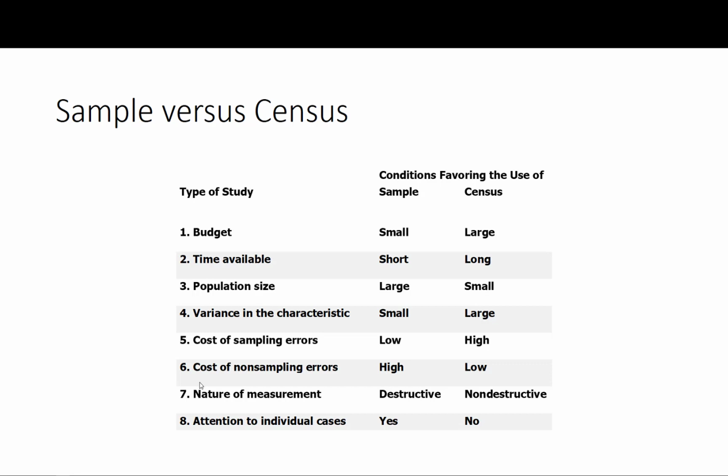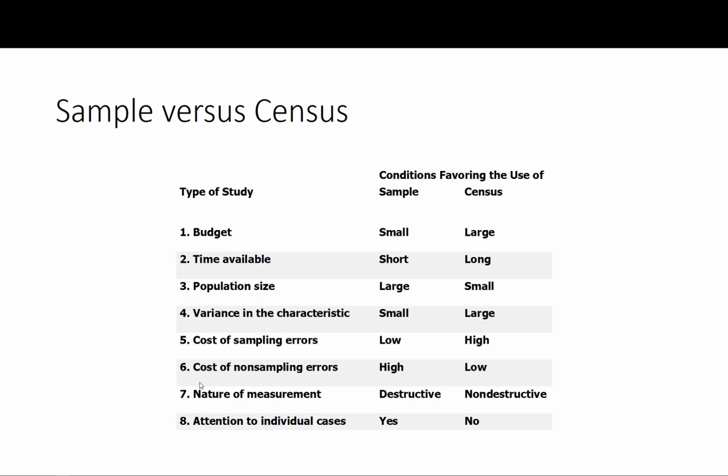The population size. It is effective to sample when the population size is large. If it's large, it's impossible to get hold of everyone effectively, so a sample is more appropriate. Whereas if the population size is actually small, a census might be more appropriate. We have variance in the characteristics, so the differences between people within the population.